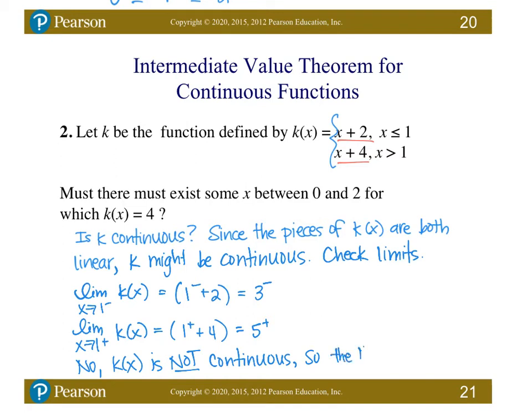So the IVT can't be used. And we can't use the IVT to prove that there must exist an x between 0 and 2 for which k of x equals 4. Okay, this is not a continuous function.